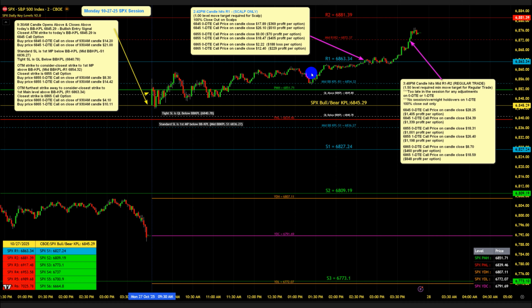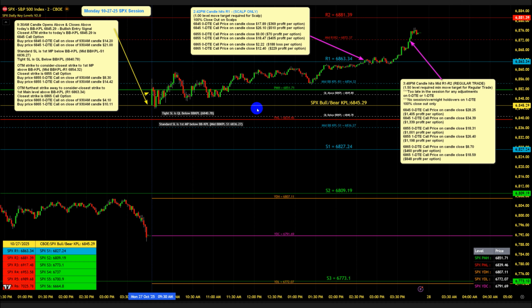What I mean by that is that if you bought the 68.45 call option on the zero DTE and you did nothing for the entire day and it never hit your target and it never hit your stop loss to stop you out earlier, and we just went sideways the entire day, and at the end of the day SPX closes at 68.45, well, then your zero DTE call option is going to be worth zero.